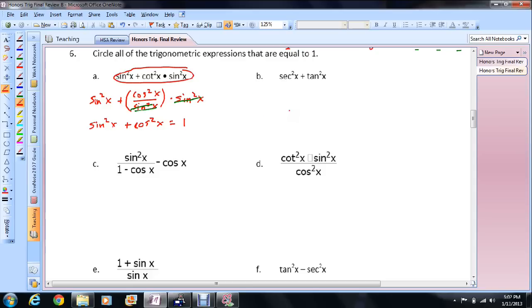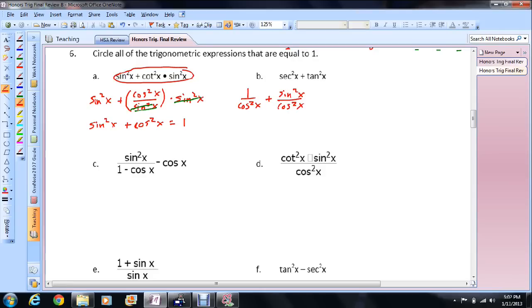So if we move on to part B, I'm going to try that same trick by writing everything in terms of sine and cosine and see what happens here. I'm going to write 1 over the cosine squared, because that's what secant squared is, plus tangent squared, which is sine over cosine.